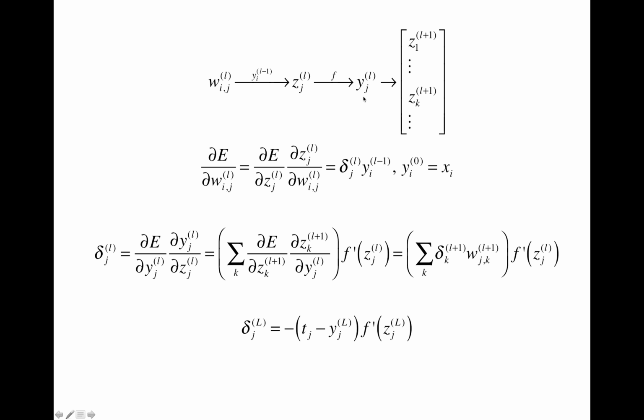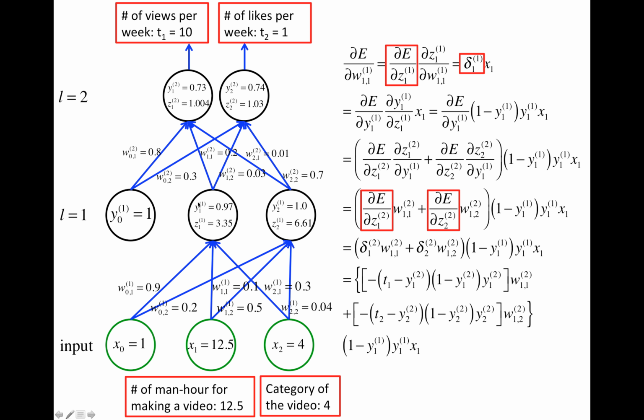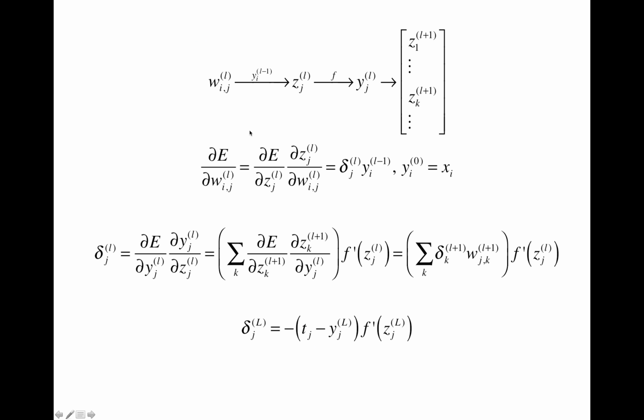This neuron output is then used as the input to the logits located in layer L+1. In this simple example, y^1_1 is used as input to the layer above it, z^2_1 and z^2_2. So y^L_j contributes to multiple logits in layer L+1.